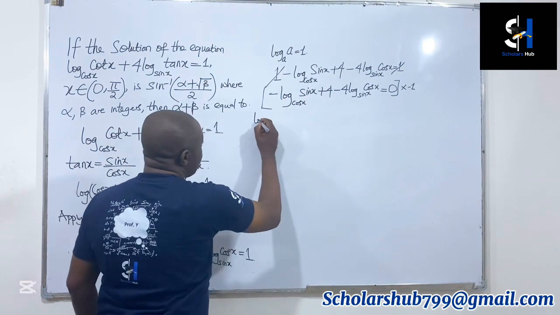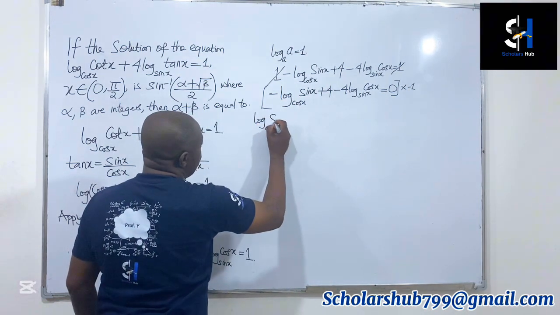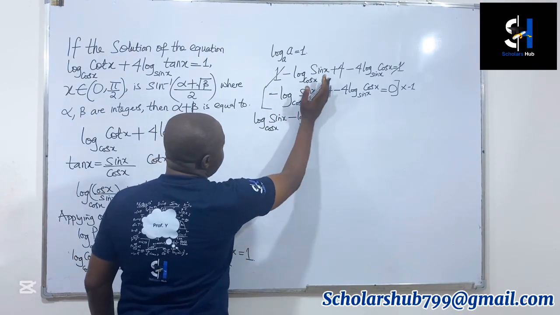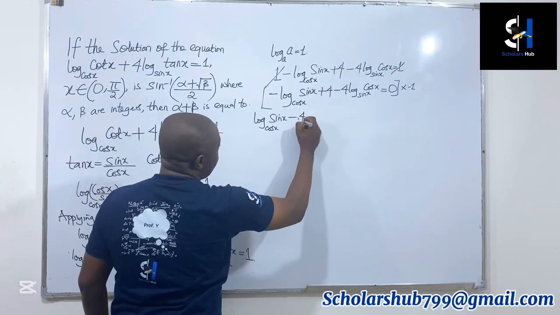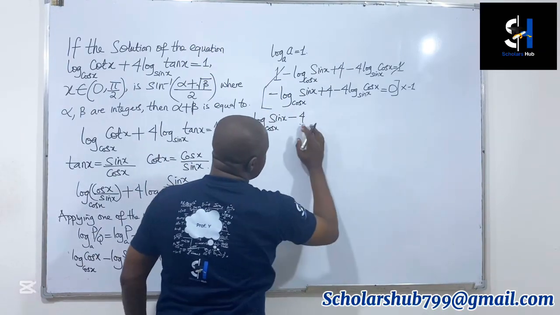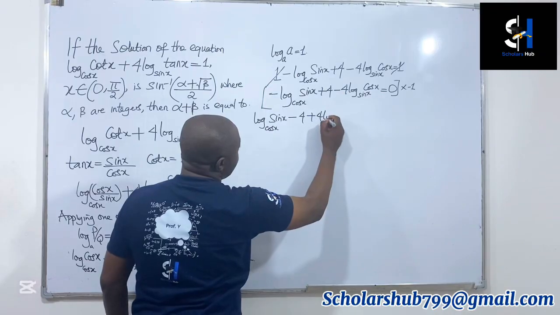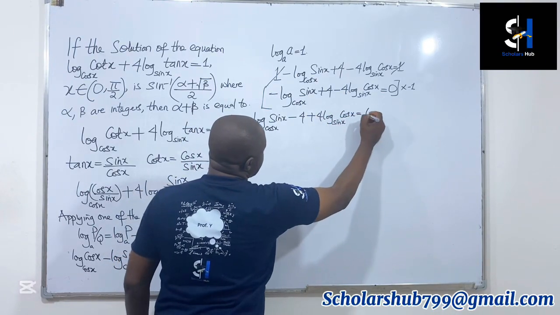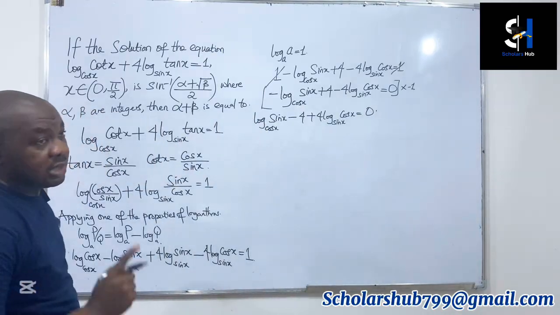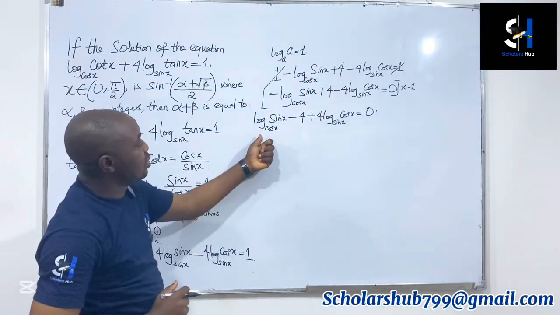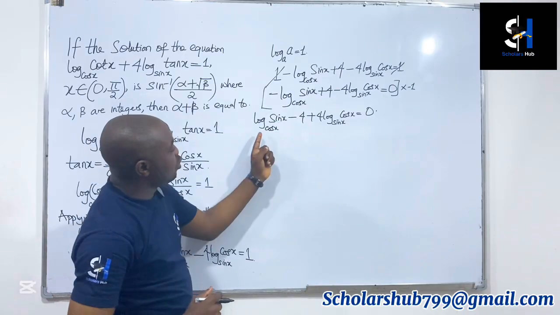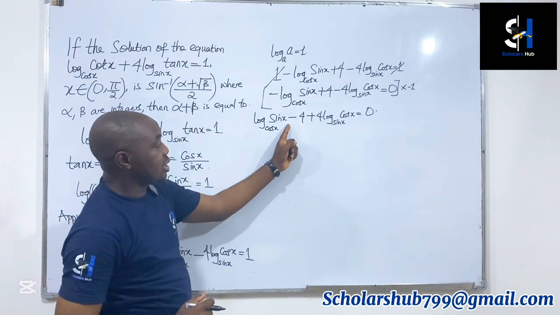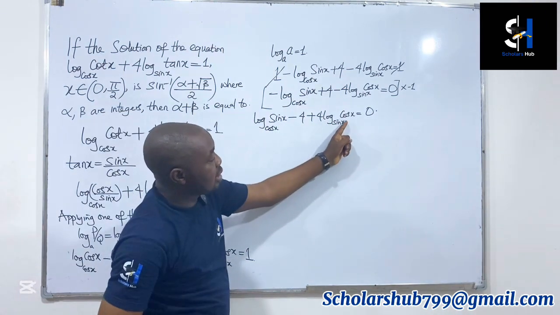This becomes logarithm to base cos x of sin x, minus 4, because we are multiplying by negative 1, then plus 4 logarithm to base sin x of cos x equals 0. Now we can observe that we have logarithm to base cos x of sin x, while here we have logarithm to base sin x of cos x.